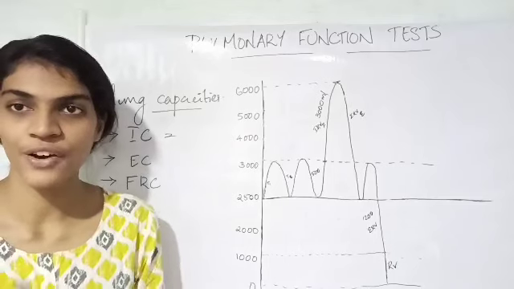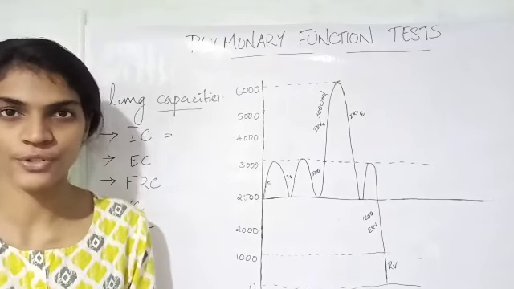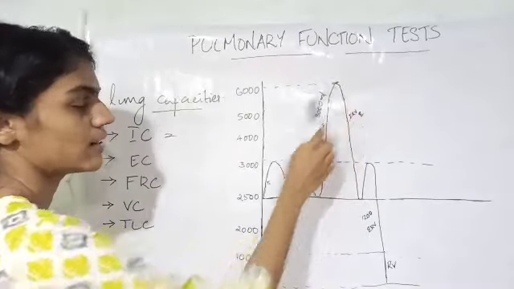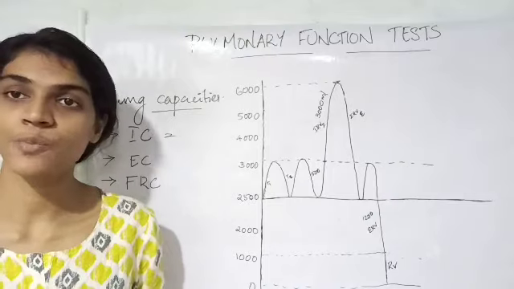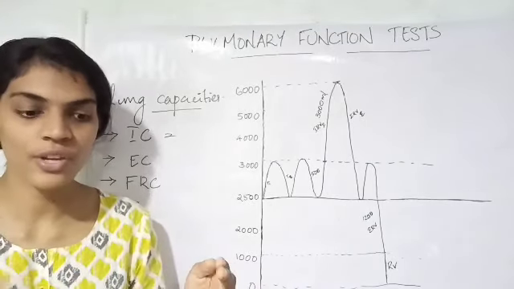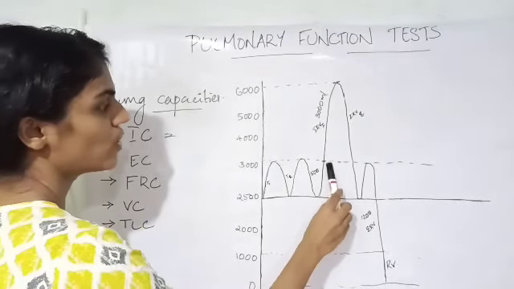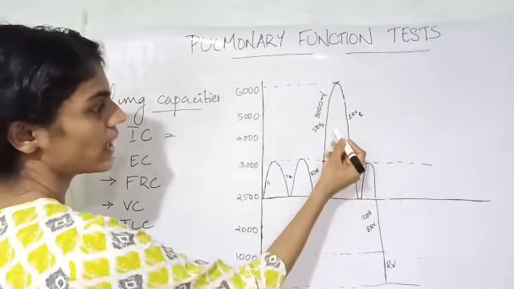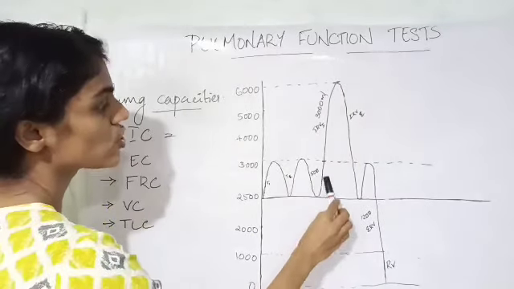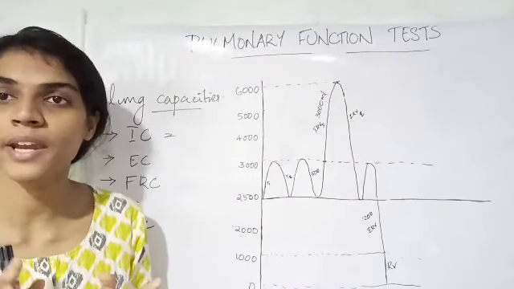You know that forceful respiration obviously contains the tidal volume also, right? If you are taking a forceful respiration, that means you are taking as much air as you can. So that forceful respiration also includes tidal volume. It includes the tidal volume and what else? The inspiratory reserve volume. These together form one forceful inspiration.